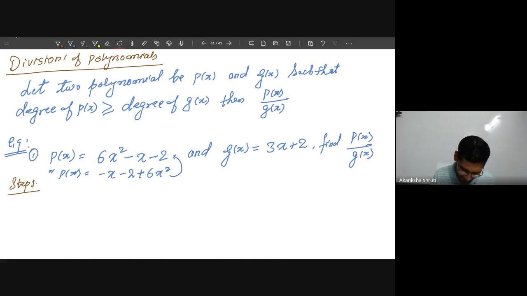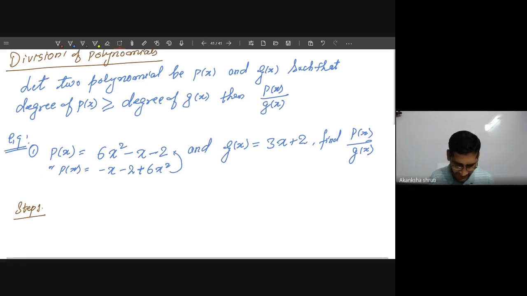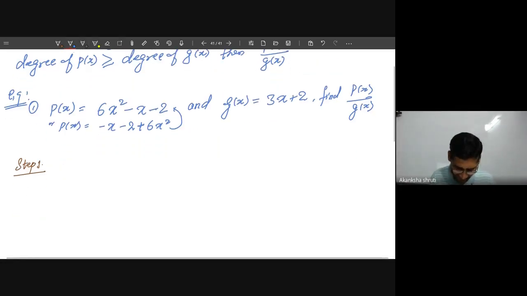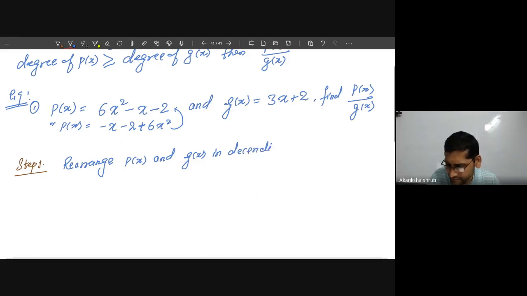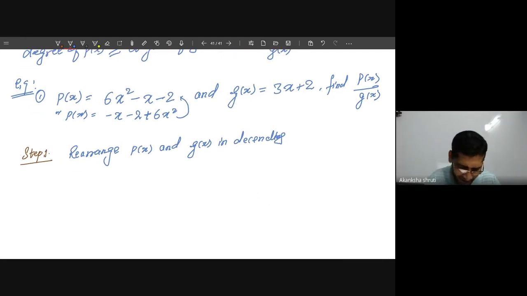So our step number 1 tells us to rearrange p(x) and g(x) in descending power of x.